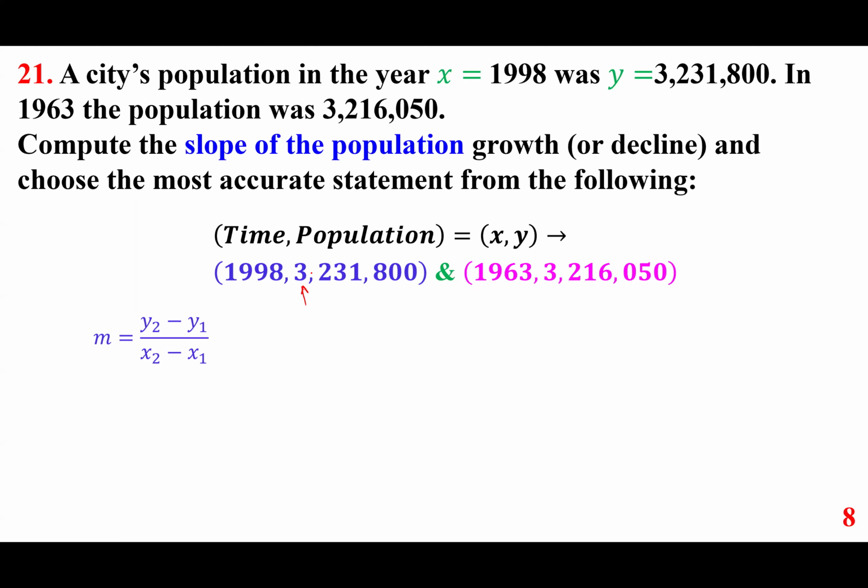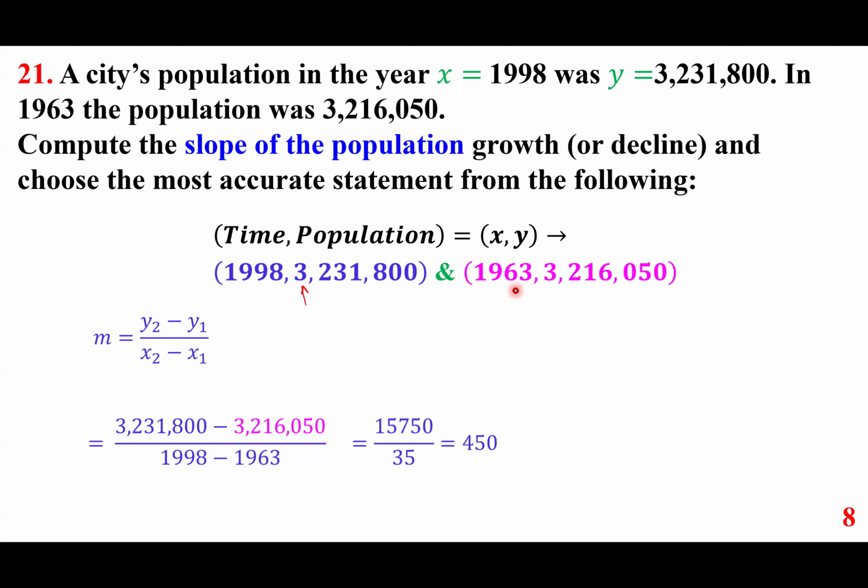So the change from 1963 to 1998: this number minus this number is the numerator, and 1998 minus 1963 is the denominator. The numerator becomes 15,750, over 35 is 450.